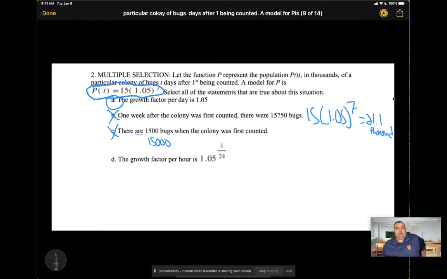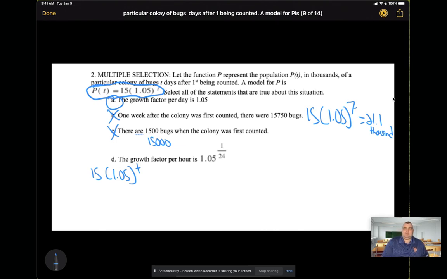D, the growth factor per hour is 1.05 to the power of 1 over 24. So let's see if that is true. This is my original equation where t, remember, is days. So the question is, if I have hours, how do I convert hours to days? Do I multiply by 24 or do I divide by 24?